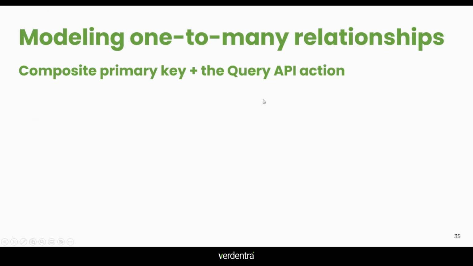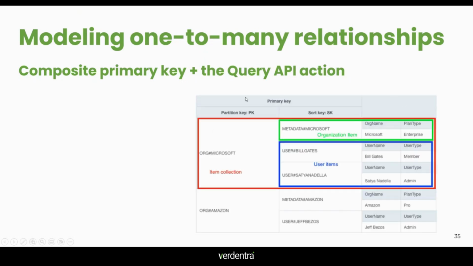So the third one is composite primary key plus a query. In this example, we have organizations, we have users, and we have metadata. If you want to get users for a given organization, you need to compare the partition key and part of your sort key.